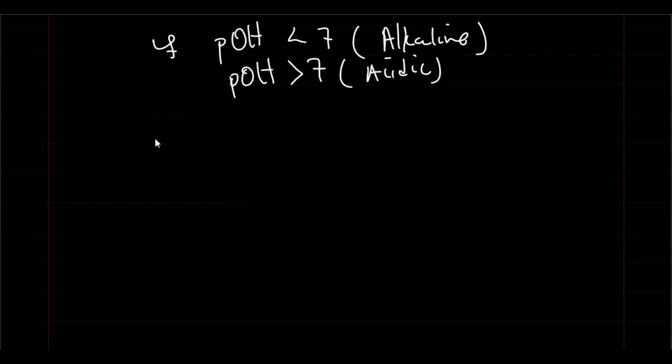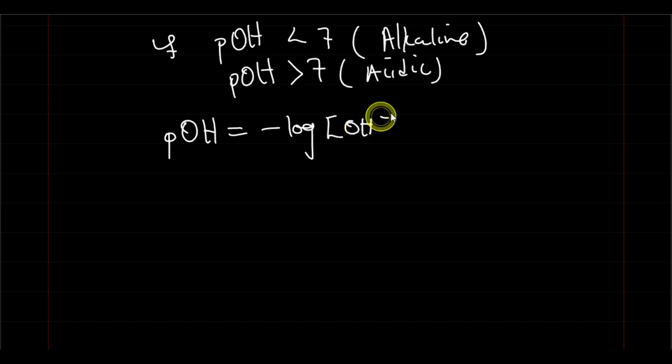And then this also works like a pH, but here you use the formula of pOH. So pOH is equal to minus log of the concentration of hydroxide ion.